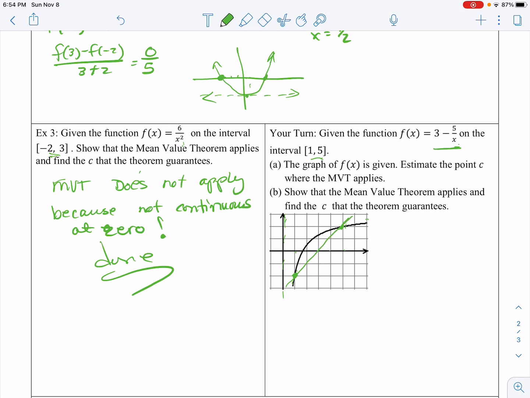Well, you go up 1, 2, 3, 4. 1, 2, 3, 4. The slope of the secant is 1. So the average rate of change equals 1. Estimate point c. I'm going to say right there.